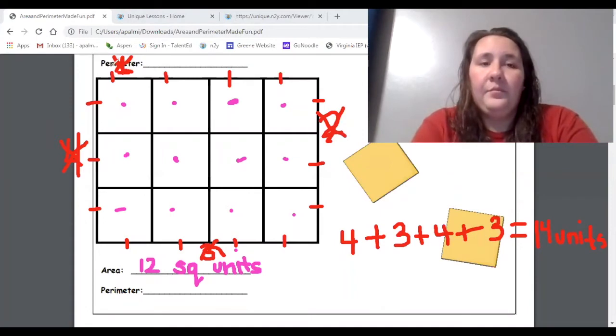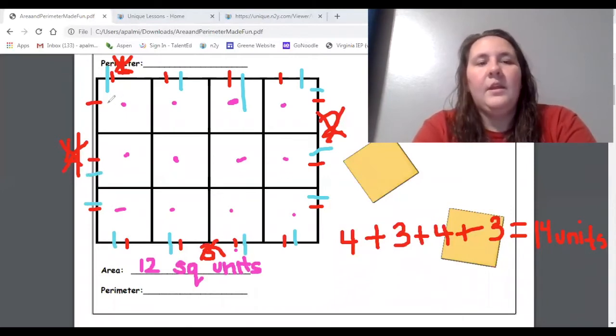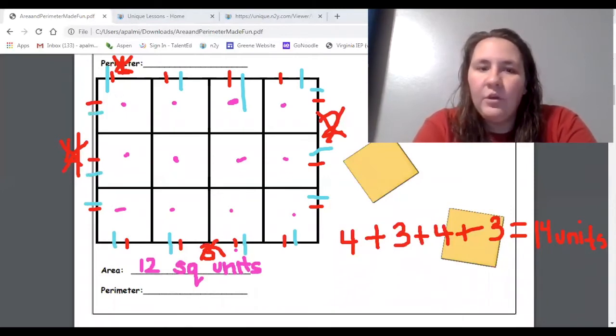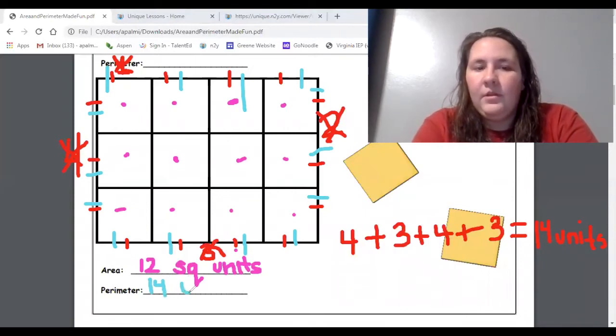Here we go. 1, 2, 3, 4, 5, 6, 7, 8, 9, 10, 11, 12, 13, and 14. 14 units. We got the same answer, right? So for perimeter, I'm going to write 14 units.